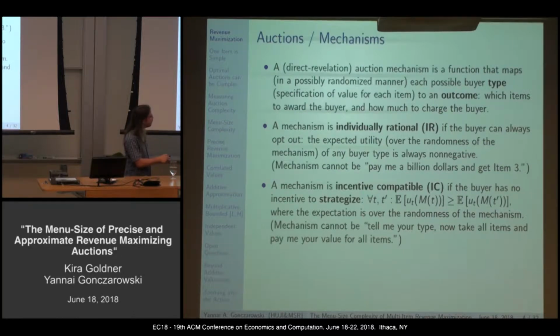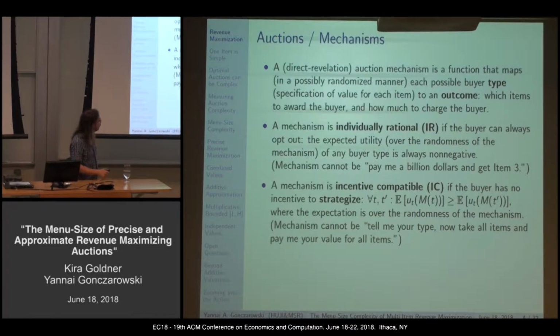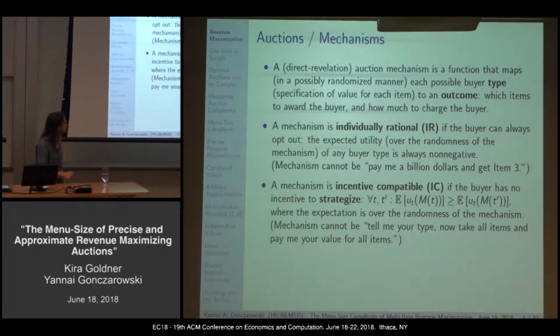And we're, once again, only taking expected utilities, that's what we care about. Once again, the expectation here is over the randomness of the mechanism.